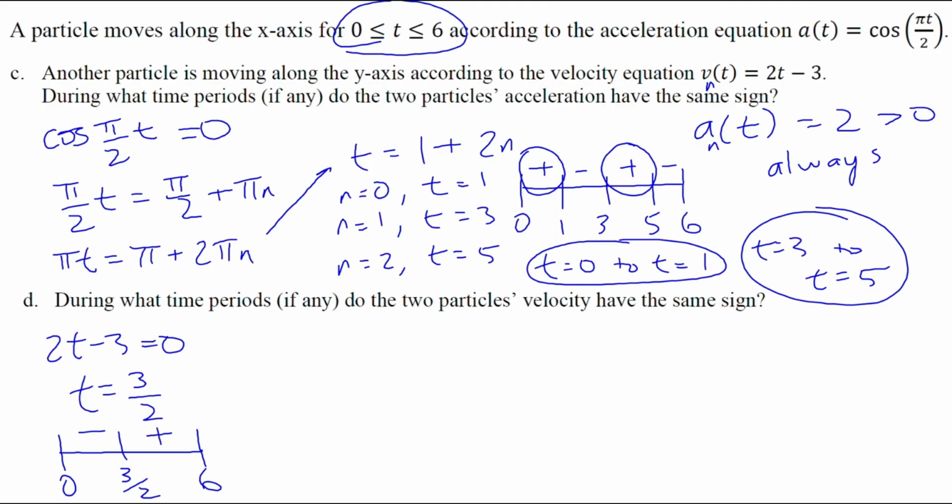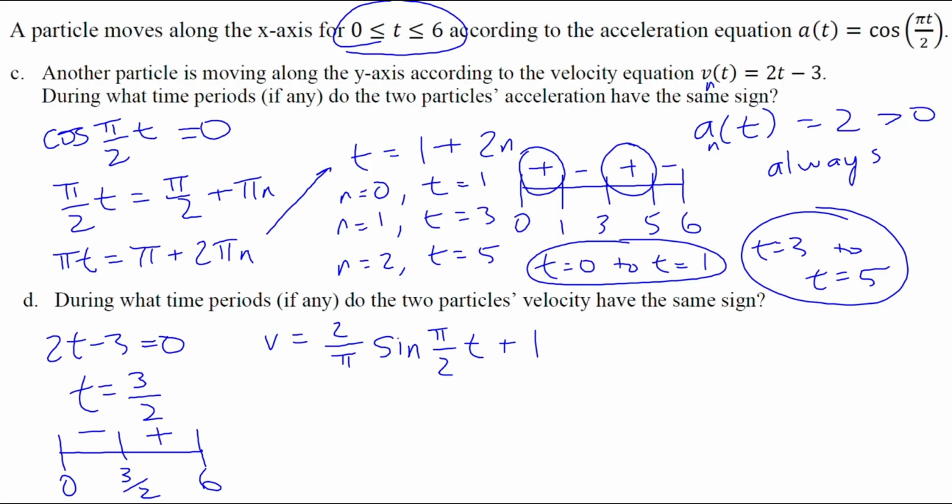Then the first particle, we had the velocity function for the first particle. We found that back in part A, right? And that velocity was equal to 2 over pi times the sine of pi over 2 t plus 1.